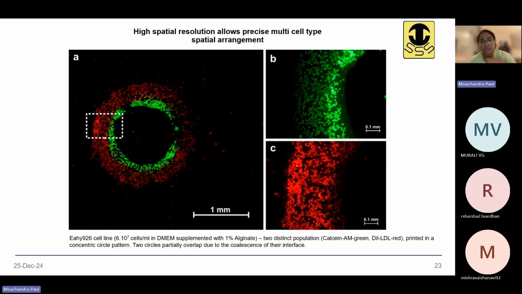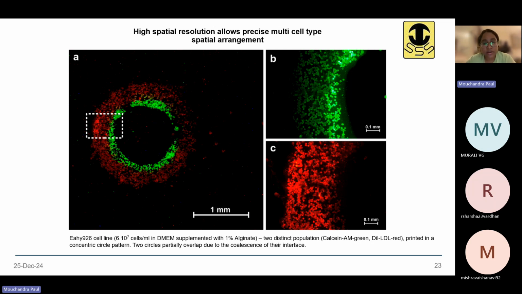They are not adding glycerol in this experiment. They have stained this cell type differently. One group of cells is stained with a green fluorescent dye, which is calcein AM, and another group is stained with a diluted LDL, which is a red fluorescent dye.